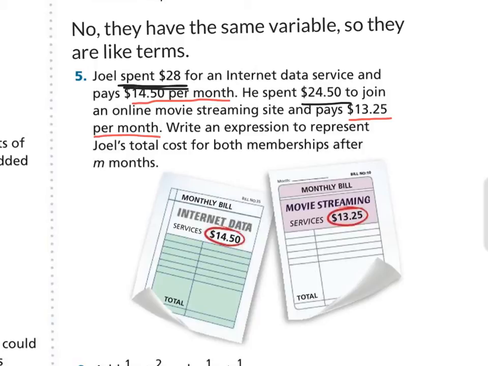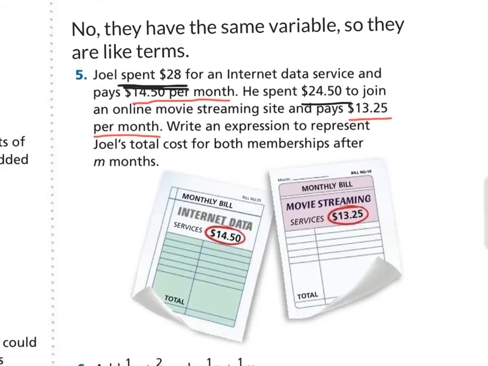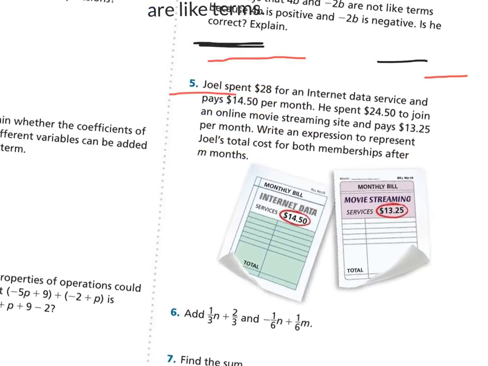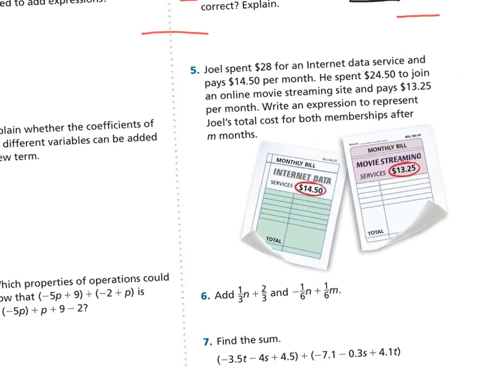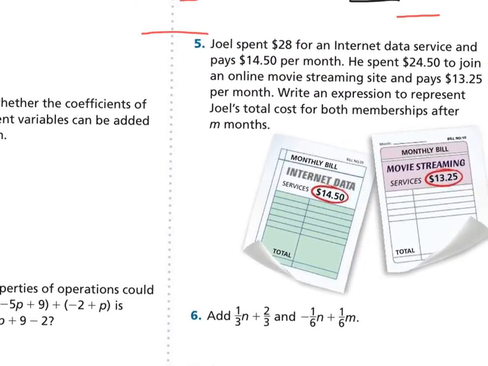So if we look at this, like we talked about yesterday, you can actually combine together your initial fees and your monthly fees before you work it out. The book was doing two separate expressions and then combining them. If you want to just combine them first, that's fine.